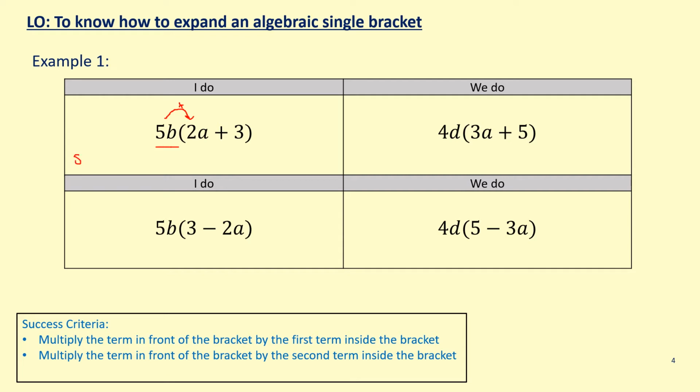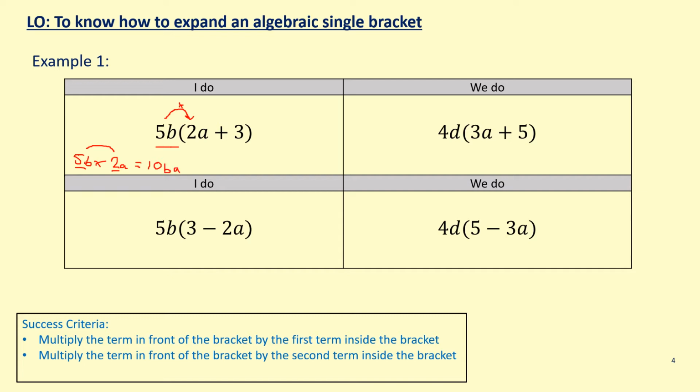So we get 5b times 2a. We can look at that as 5 times 2, so the coefficients of each term first, and we get 10. And then b times a just becomes ba.